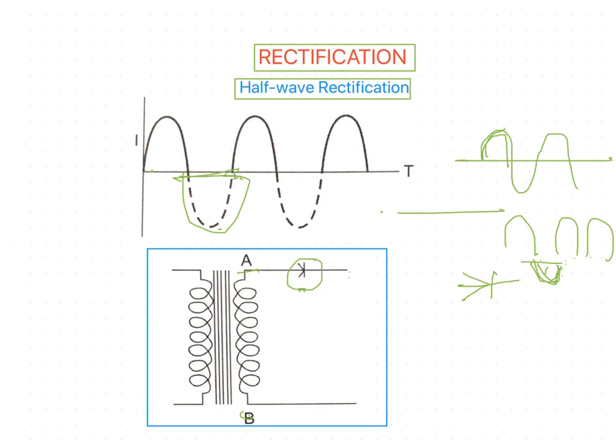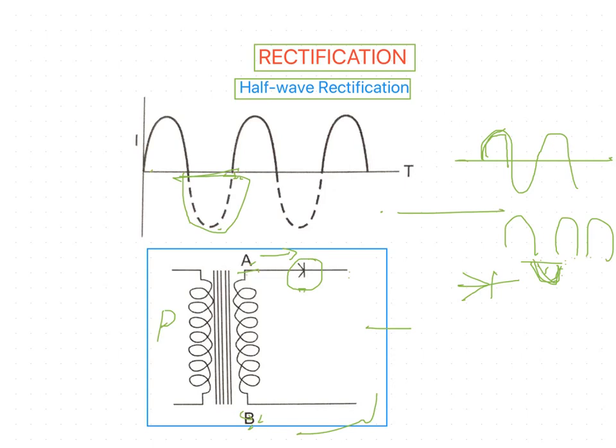When current flows through the primary coil, an EMF is induced in A and B, and this EMF is applied to the output circuit. When A is negative and B is positive, electrons pass from A through the rectifier and output circuit and back to B. When B is negative and A is positive, no current will flow because the electrons are unable to cross the rectifier.